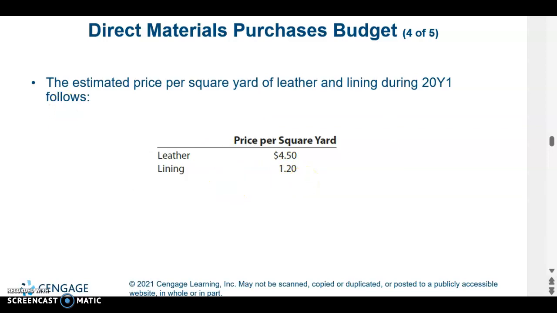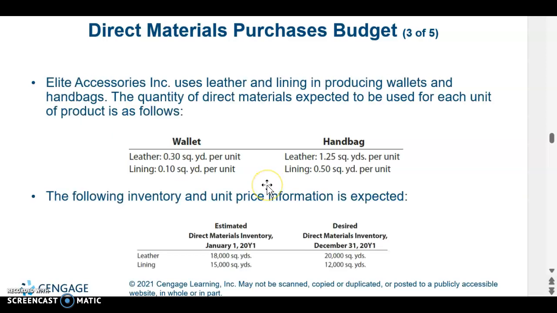So we're going to look and see how we're going to drop this into our purchasing budget. Remember, we're going to have leather and we're going to have lining. We have how much it costs to make it, how much inventory we are coming into this with, and how much we want to have left over at the end.